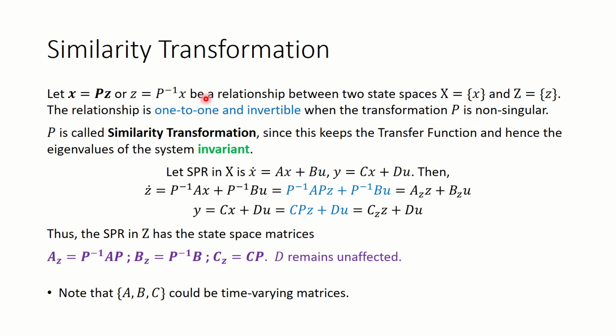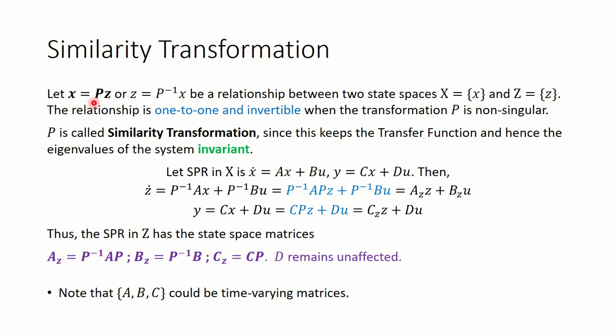To have the determinant non-zero, there are some conditions, which is the linear independence of the column vectors or the row vectors, which is the same as the rank of P being full. So if P is an n cross n matrix, which in this case it is, the rank of P must also be n.